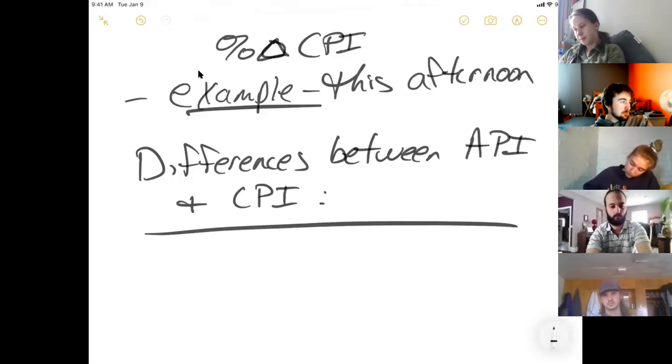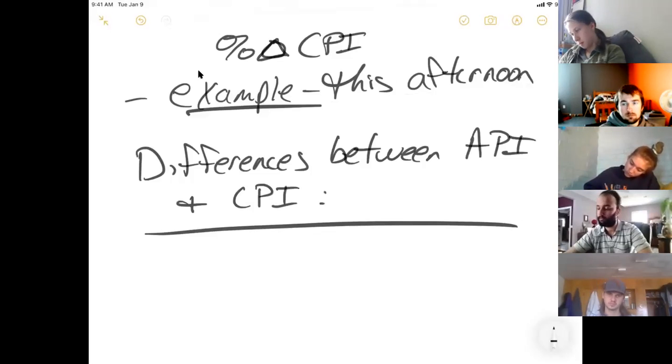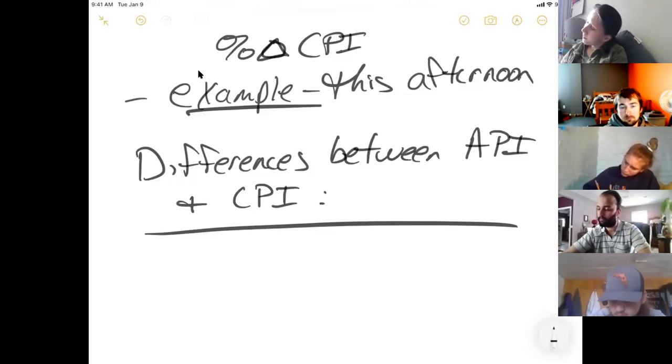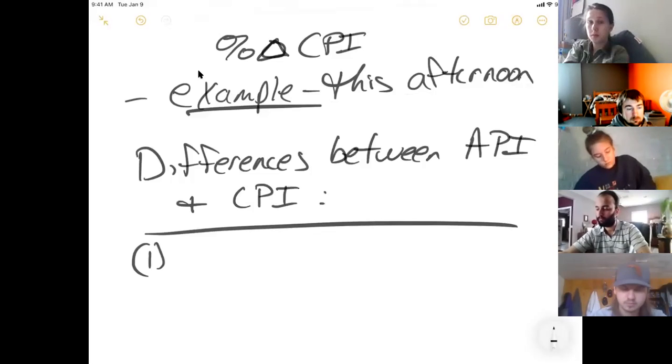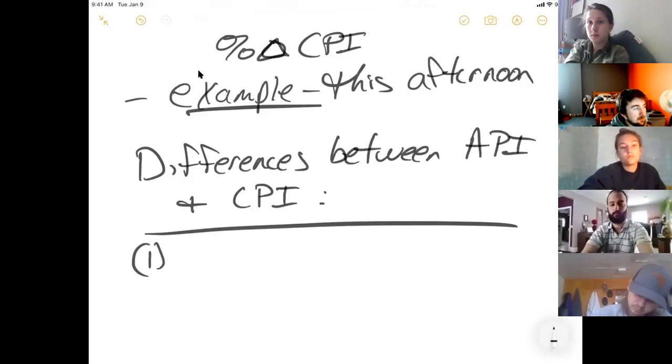Some of them are pretty obvious, but then there's some that are not so obvious. So let's start out with the obvious one. What's the obvious difference between the aggregate price index and the consumer price index? The set of goods that they're using.